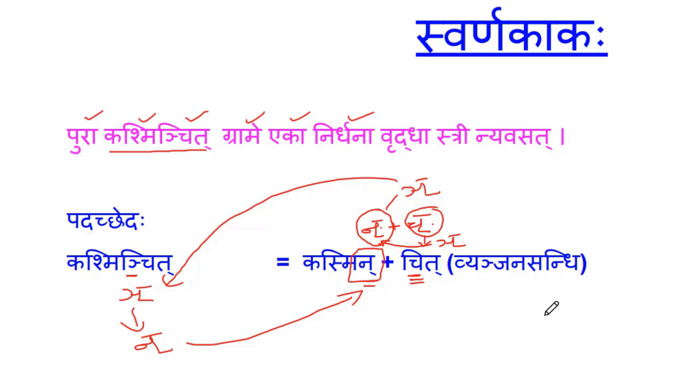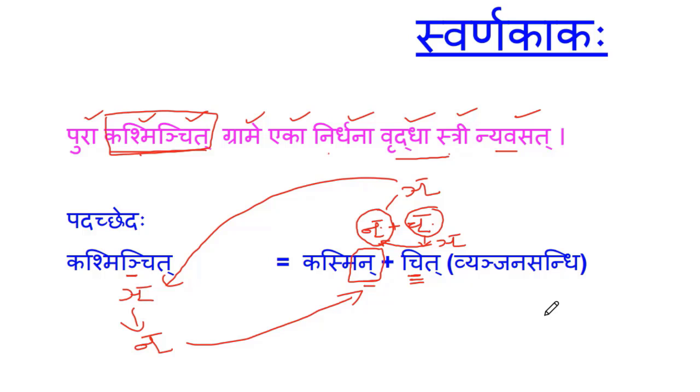Grame eka nirdhana vruddha stri nyavasada. These are the splittings of the words. Kasminchid we don't tell separately, but we tell the two words together when giving the meaning. Nyavasada means lived. Who lived? Vruddha stri, an old lady lived.